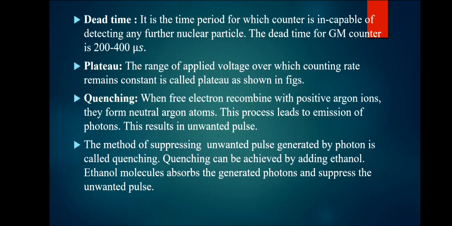Quenching in the GM counter is achieved by adding ethanol, because the ethanol molecule absorbs the generated photons and suppresses the unwanted pulse caused by it. So inside the metal tube, 90% is filled with argon atoms and 10% ethanol is present.